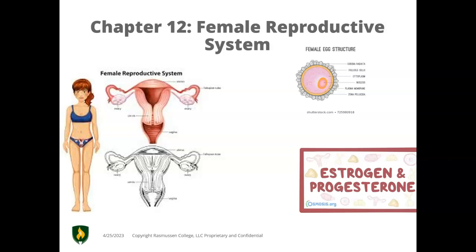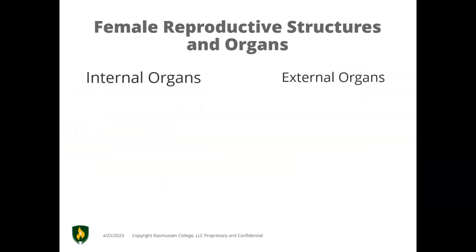So even though I'm going to give you the hot topics, there's still so much that is unknown about the female reproductive system. Now, the female reproductive system does have both internal and external organs. External is what we can see with our naked eye. Internal we cannot see with our naked eye.